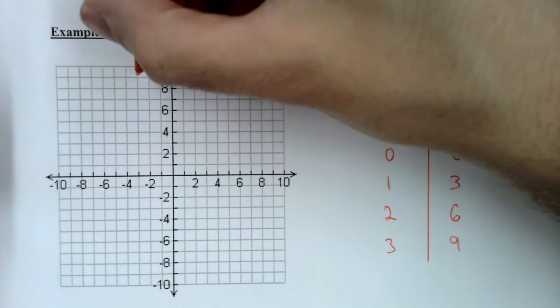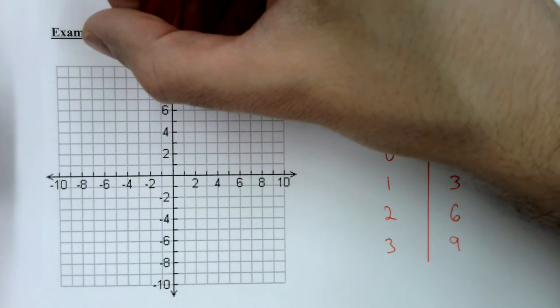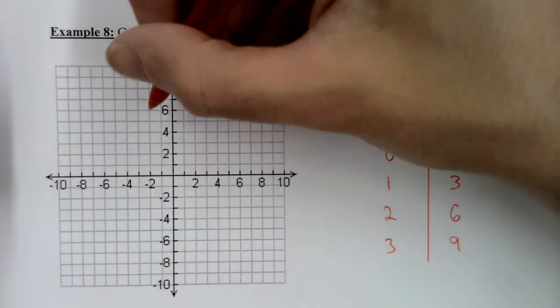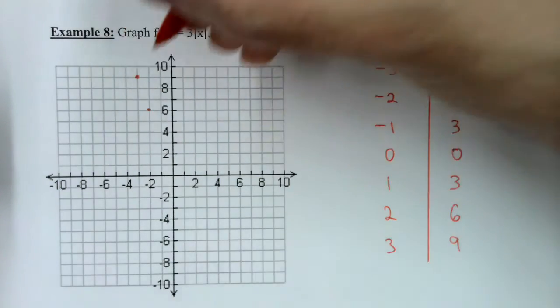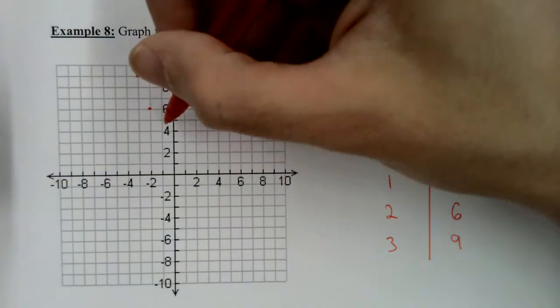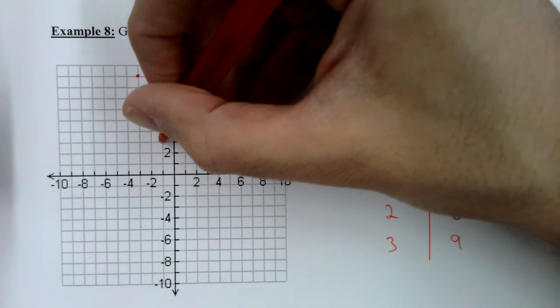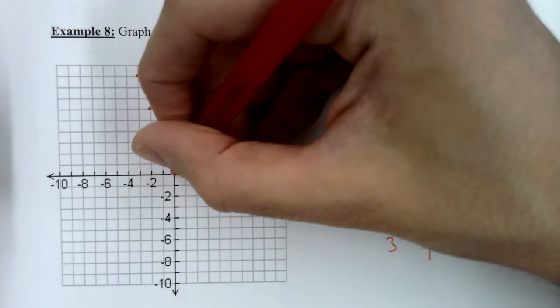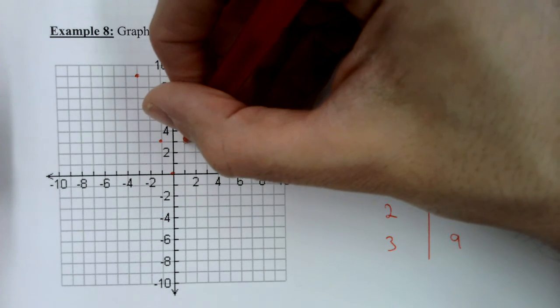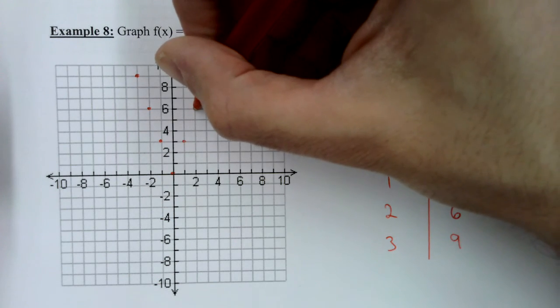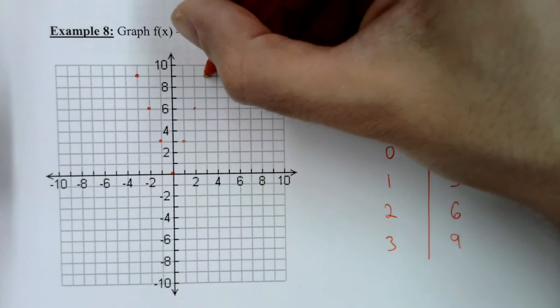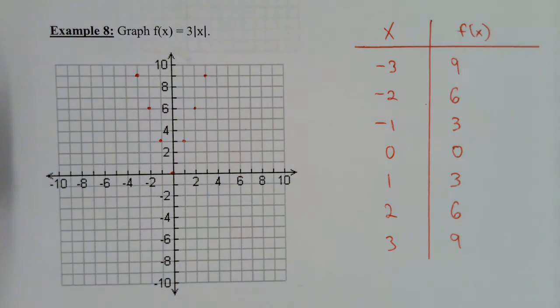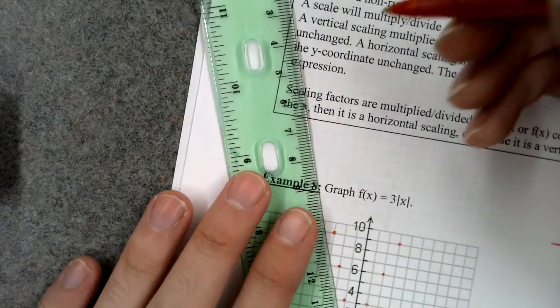So negative 3, 9. Negative 2, 6. Negative 1, 3. You got 0, 0. You got 1, 3. You got 2, 6. And we have 3, 9. Let's graph that.